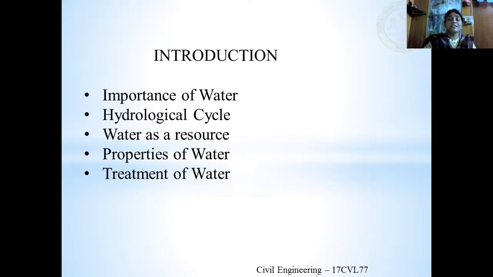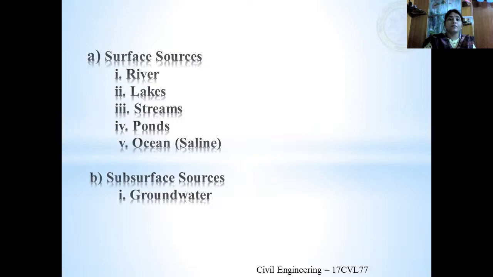Now, once this water is available, the location, the source, and the quality play an important role. Hence, depending on that, we need to treat that water for the required usage.